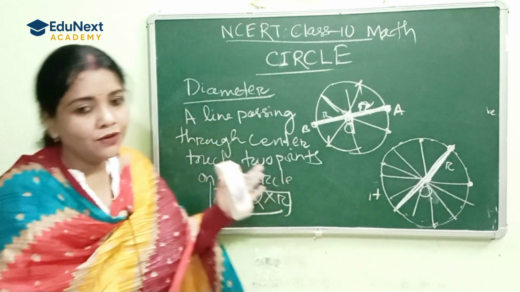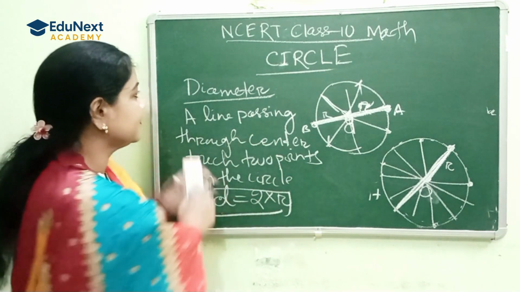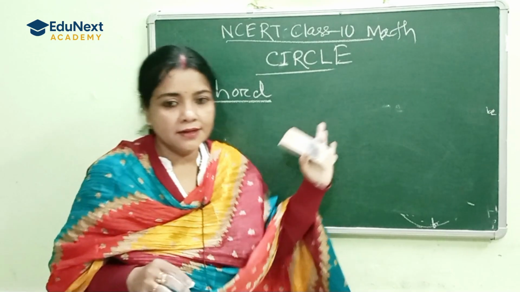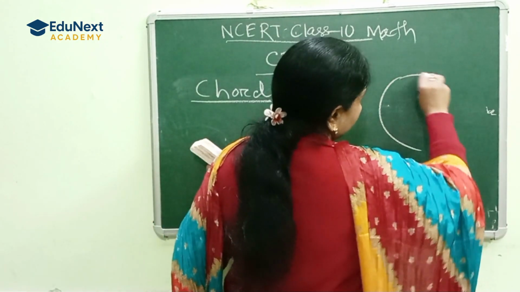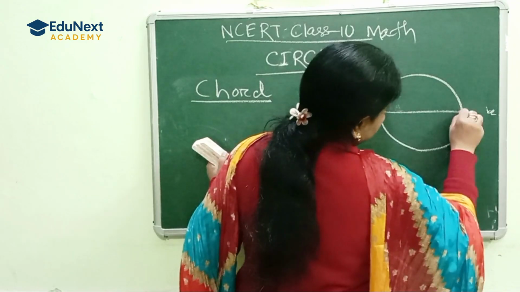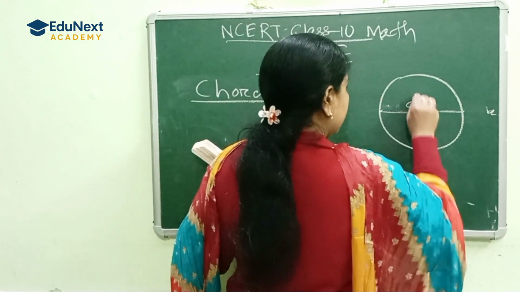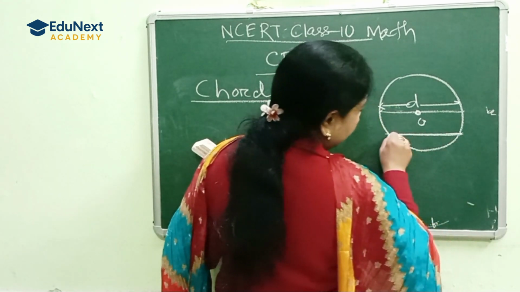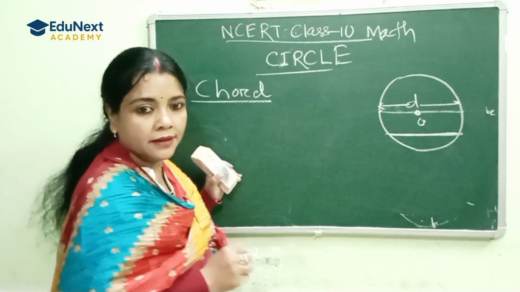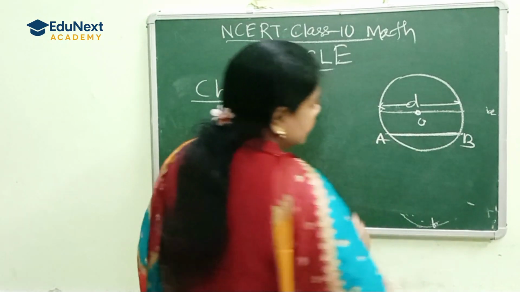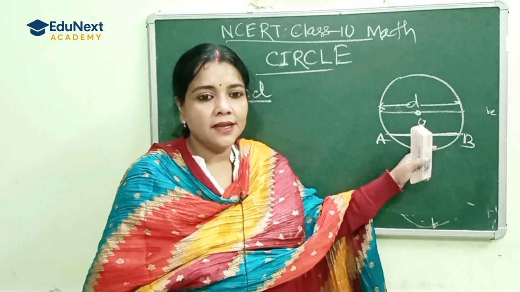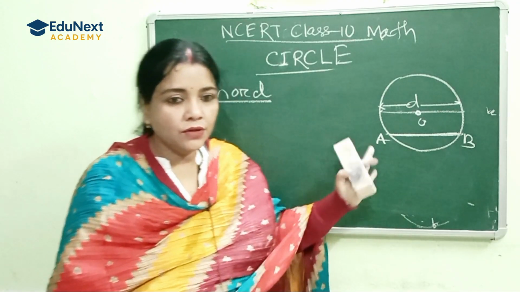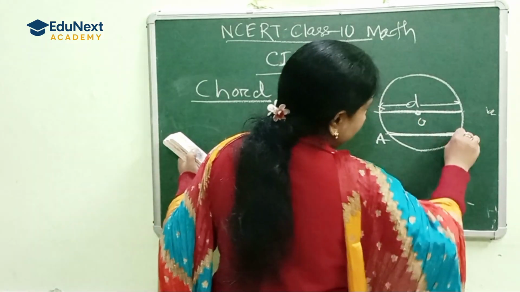So you know everything, but you need to remember and define the proper definition in a proper way. Now let us discuss chord. What is a chord? Now if I draw a circle here, this is the diameter D, and this is center point O. If I take another line and name it AB, this line is known as a chord.